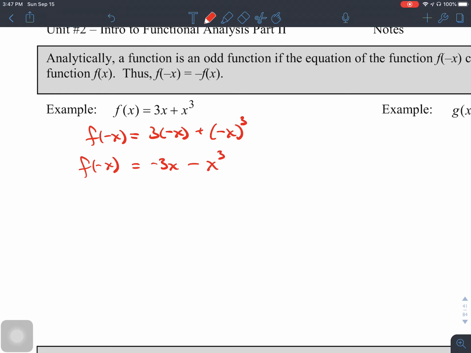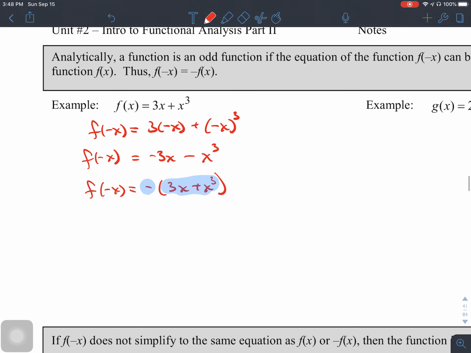Is this just like the original? Sure doesn't look like it. Could we factor a negative 1 out of this? We sure could. Why would we want to do that? Because now we can see that this part's just like the original. What's different? We're multiplying it by a negative.